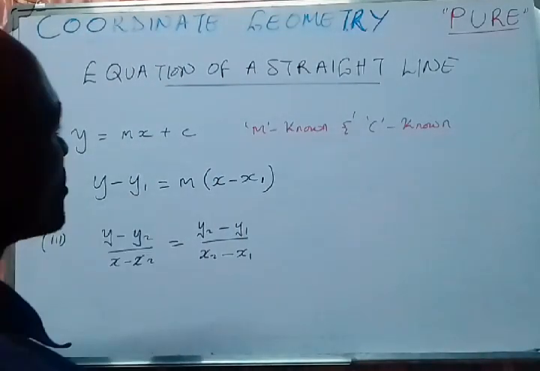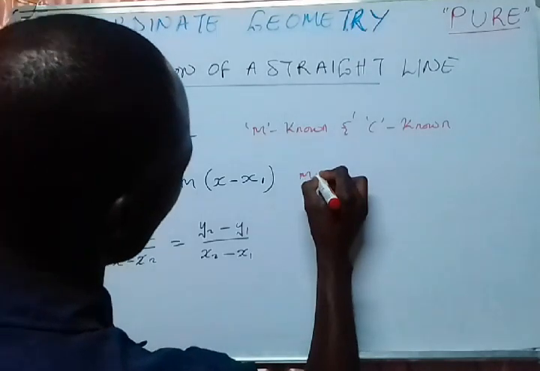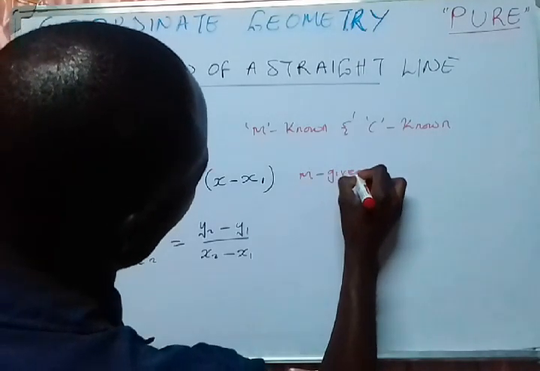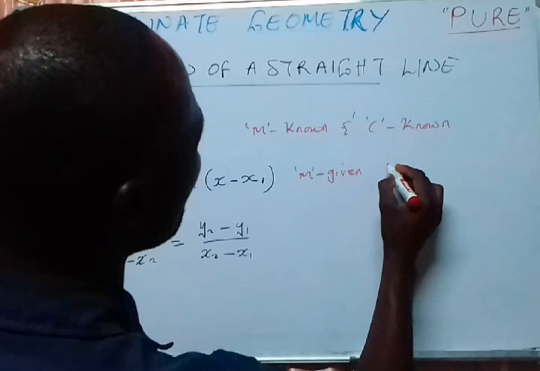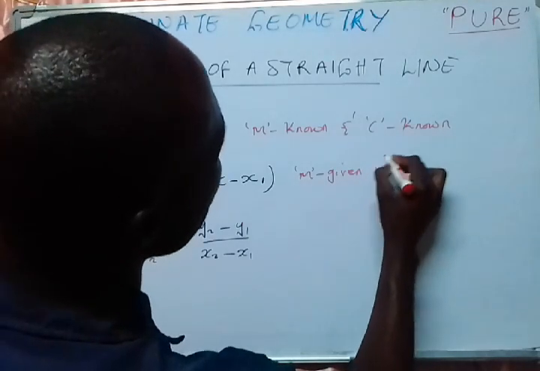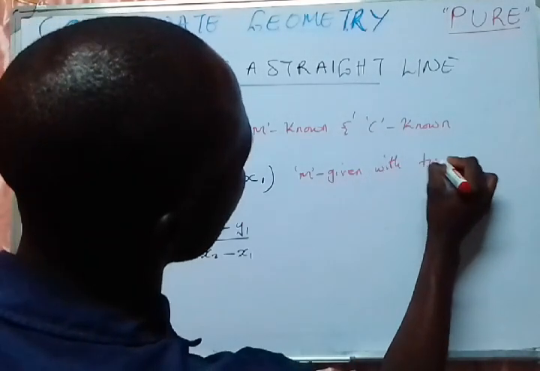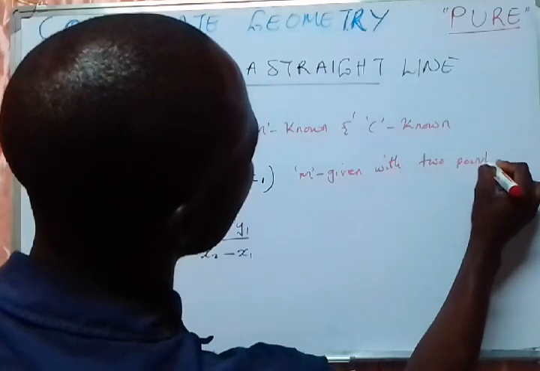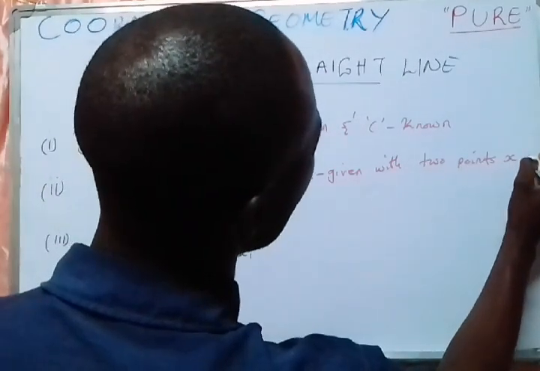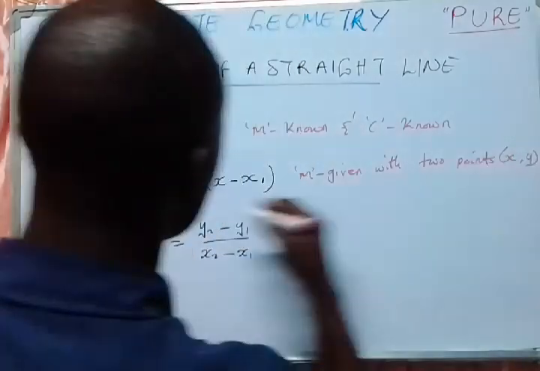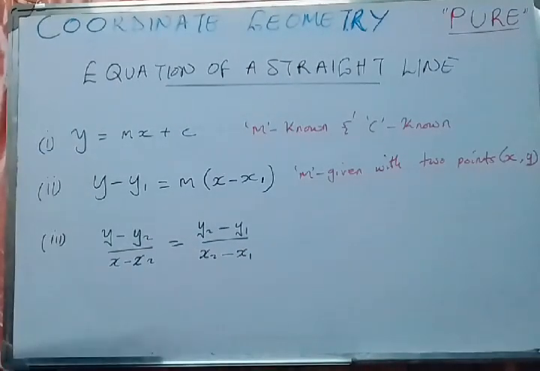Then the second one is used if the gradient is given with a point, x and y. That is when you can use these coordinates.